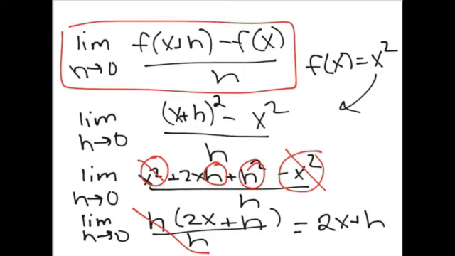Because as h approaches 0, don't you think this would just be a 0? So now all you're left with is 2x. So what have you found here? You found the derivative, or the slope equation, of x squared.